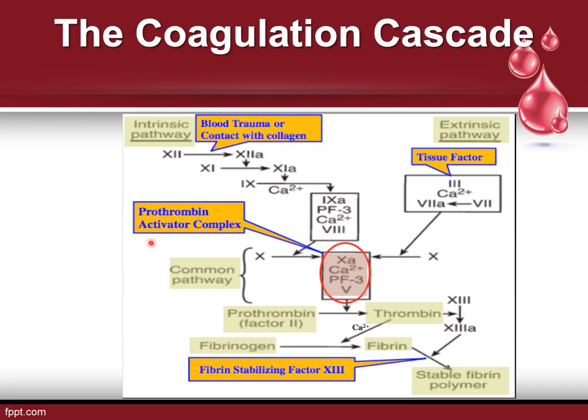Then we can see the prothrombin activator complex that usually leads to the activation of the common pathway, and for that you need those cofactors. All of this leads to a stable fibrin polymer, and of course you need the fibrin stabilizing factor 13 to lead to that step. So this one is a completion of the previous slides.